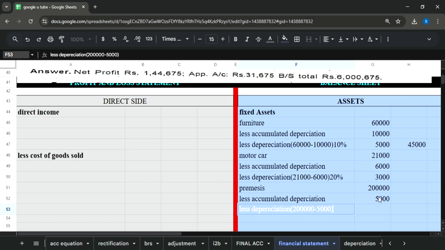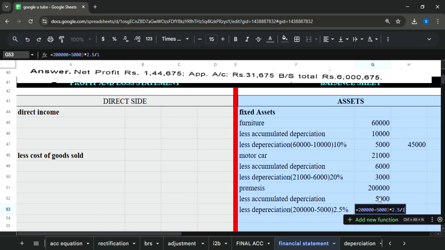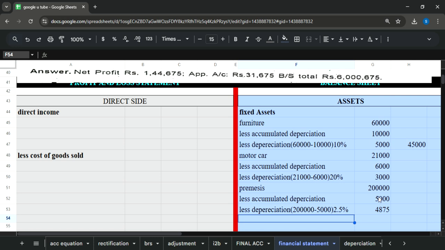That means 2.5 or you can take 2.5%. So note it down. What was 2 lakh? It was the original value of premises and then you have subtracted 5,000 which was accumulated depreciation. After that multiply it by 2.5 and divide by 100 with which you will be able to calculate current depreciation upon premises. So that is 4875.